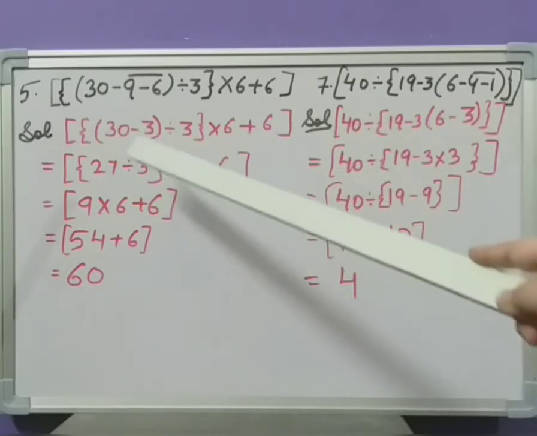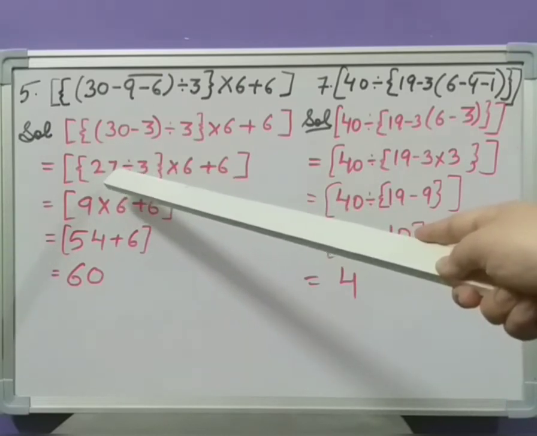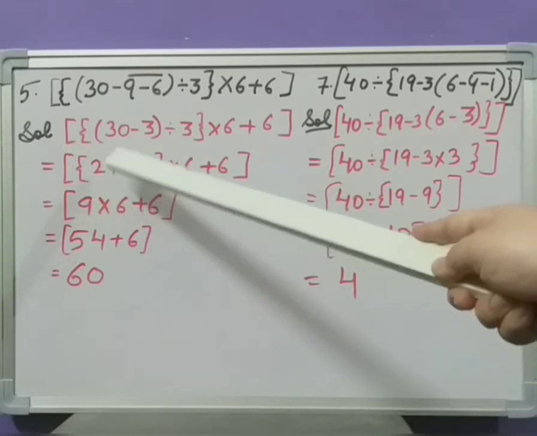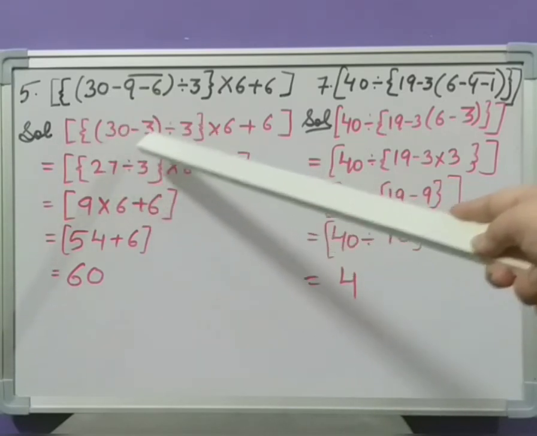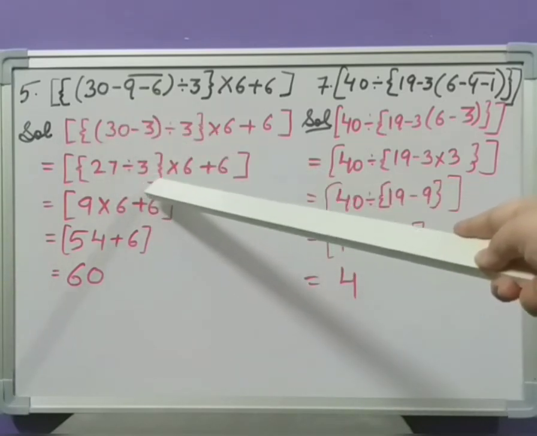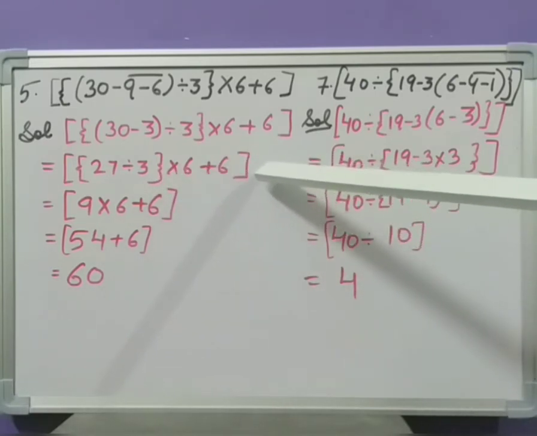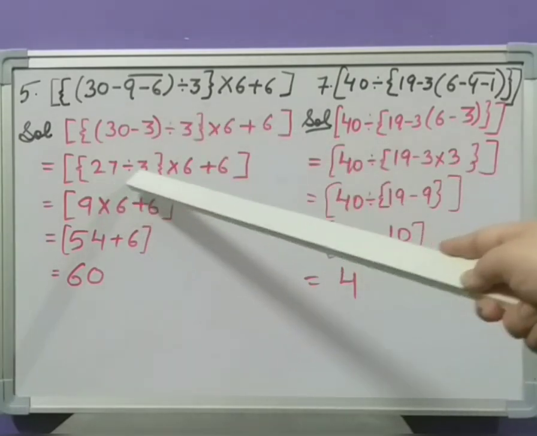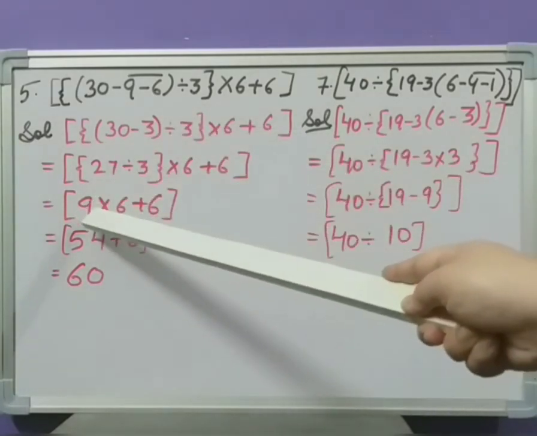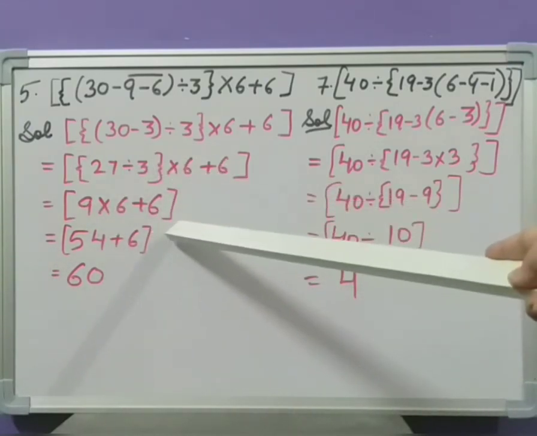Now we are going to solve the small bracket. So 27. From where did we get this 27? From here: 30 minus 3 is 27, divided by 3, curly bracket closed, multiplied by 6 plus 6, big bracket closed. Now we are going to solve the curly bracket. So 27 divided by 3 gave us 9, multiplied by 6 plus 6, big bracket closed.